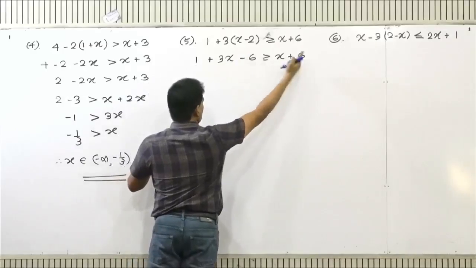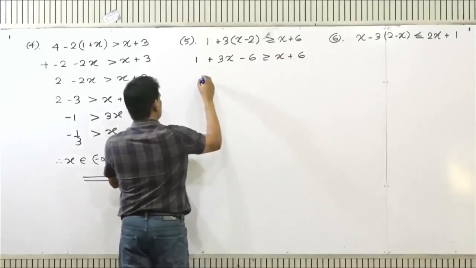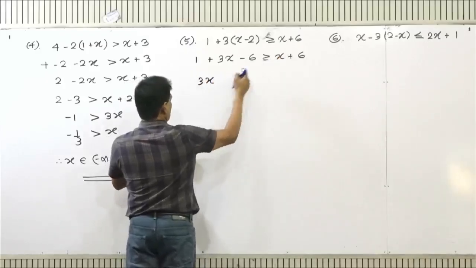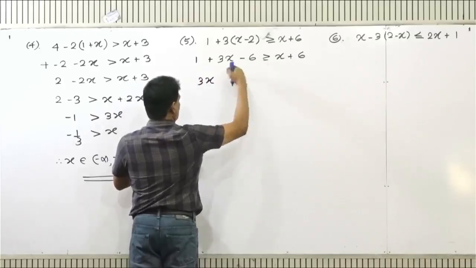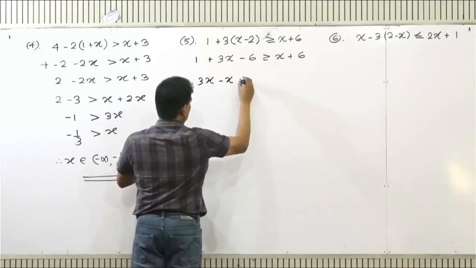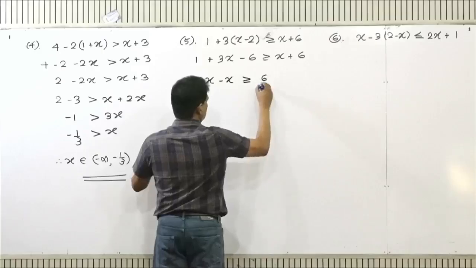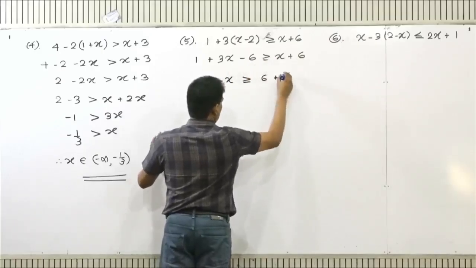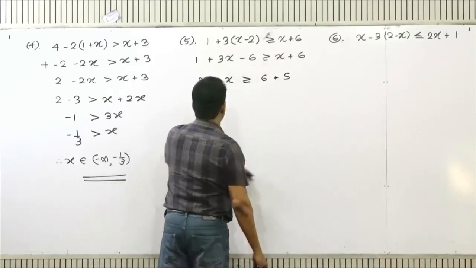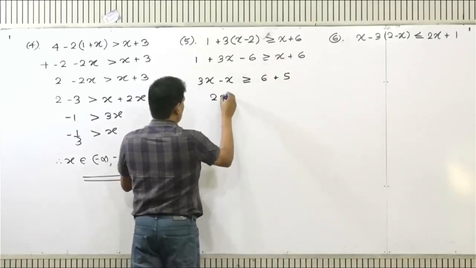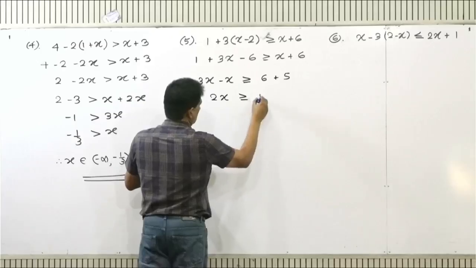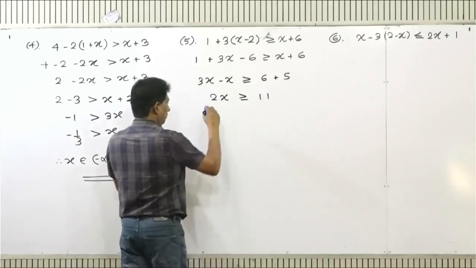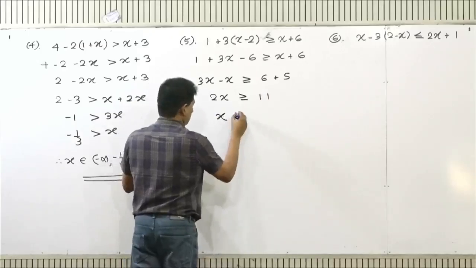We have to take this minus 5 to this side. 3x, we have to take this x to this side. Here minus 5 we take to this side, positive 2x, here 11. Then we have to divide both sides by 2.